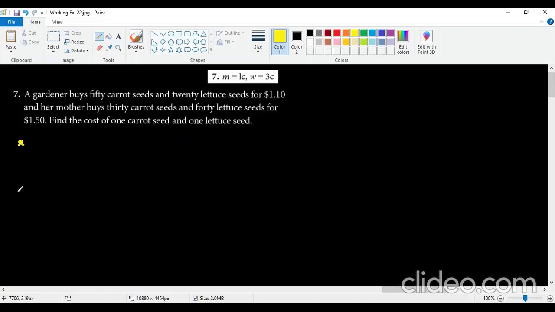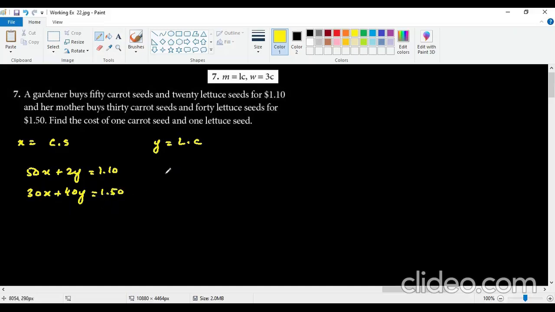Now in here, from the first condition or first purchase, it's going to be 50x plus 20y equals 1.10, and the second purchase is going to give us 30x plus 40y equals 1.50 dollars.